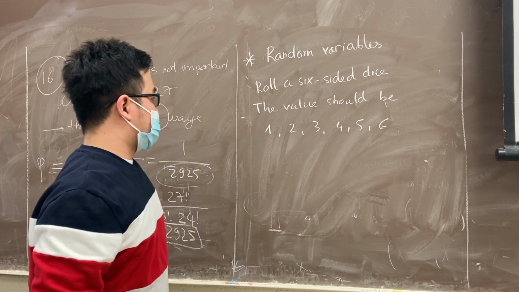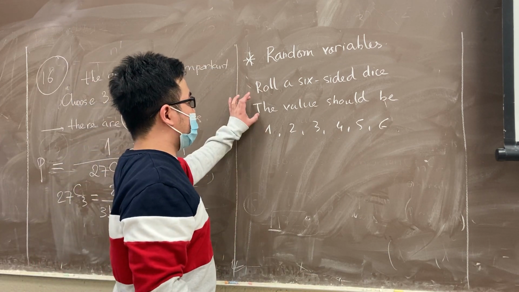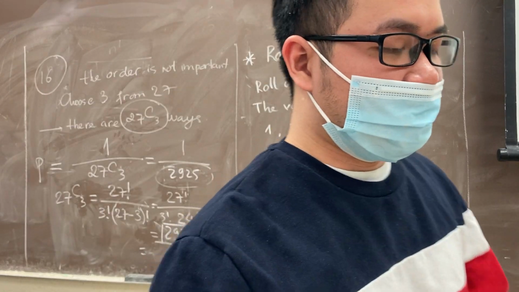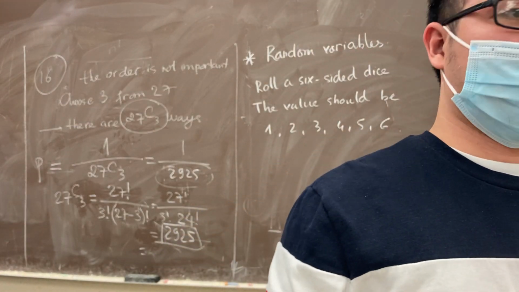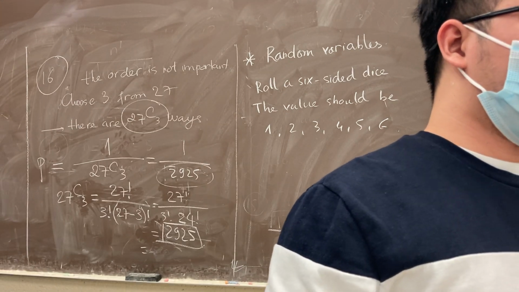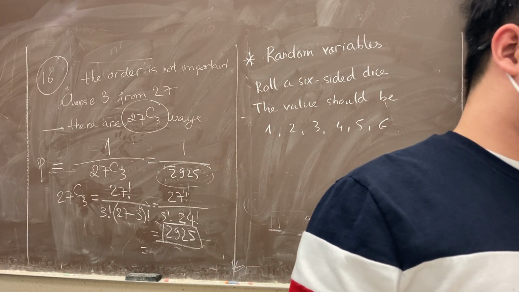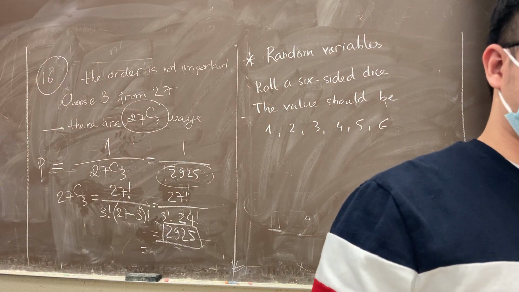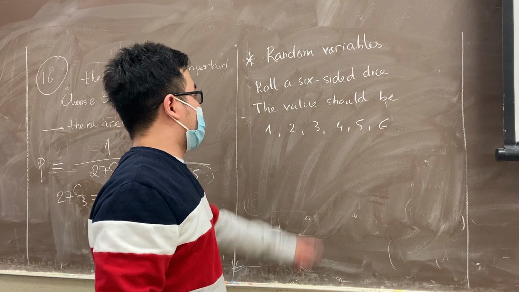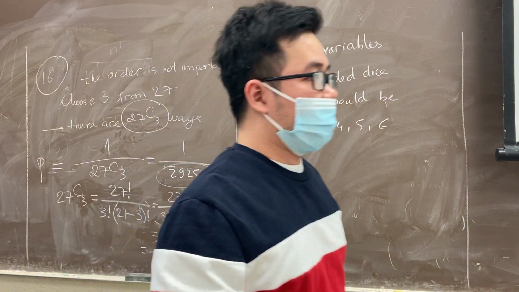So I call the value of the result when I roll a 6-sided die a random variable, right? Because it's random. It will be 1, it will be 2, it will be 3, it will be 4, right? That is an example of a random variable.